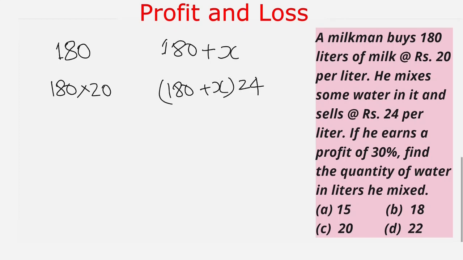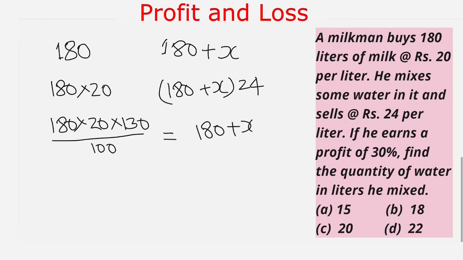Now it is given that he is earning 30% profit. So the selling price actually becomes 180 multiplied by 20 into 130 upon 100, and this is equal to (180 plus X) multiplied by 24. I hope you have understood this step. The profit percent is 30% and the cost price is 180 multiplied by 20.